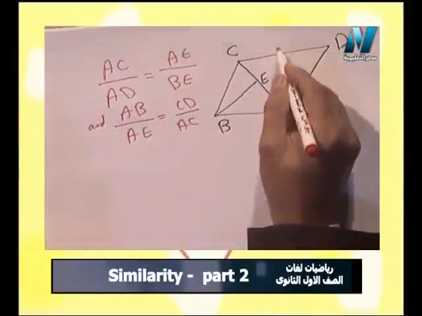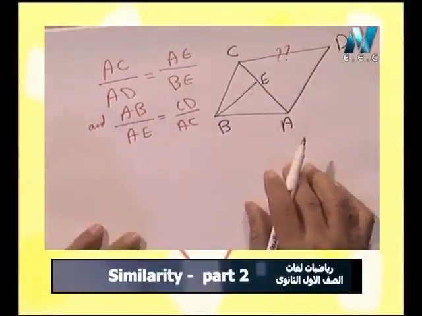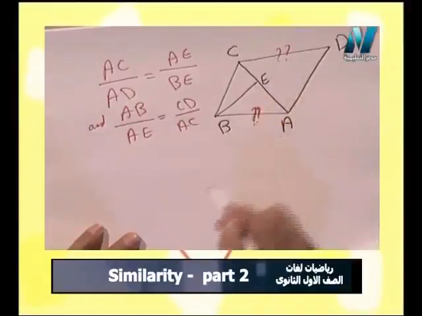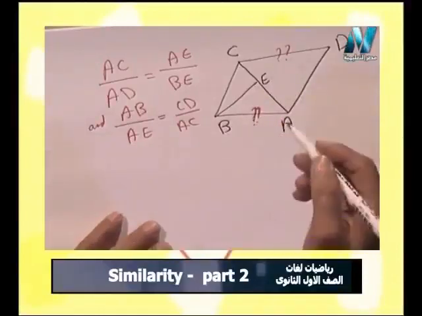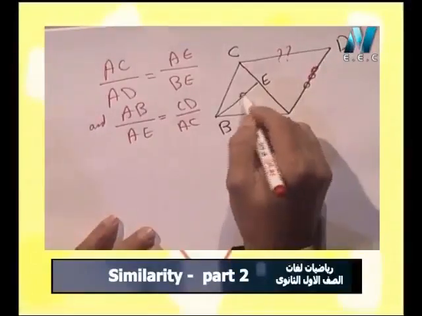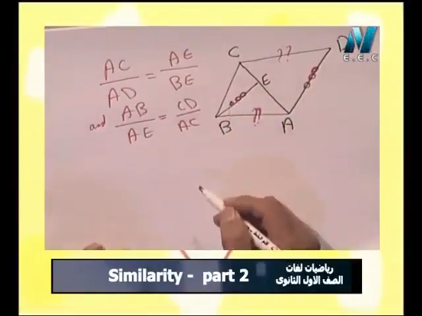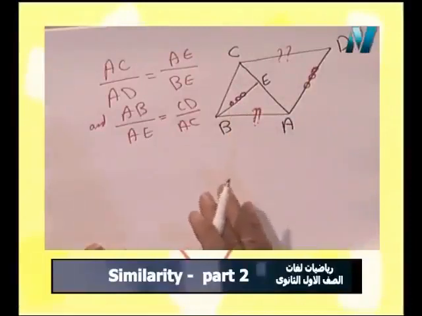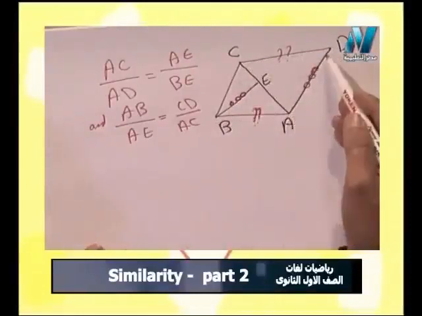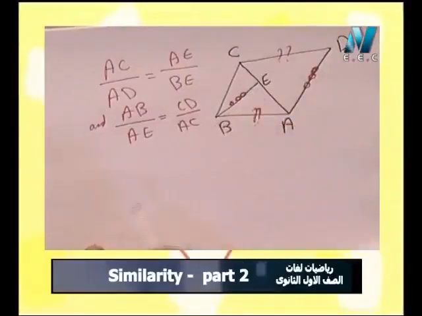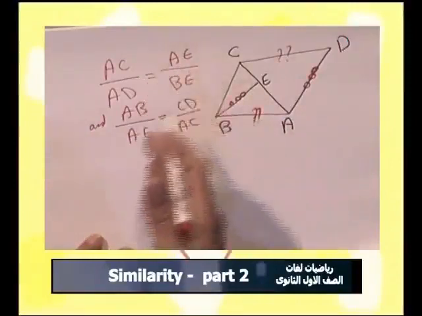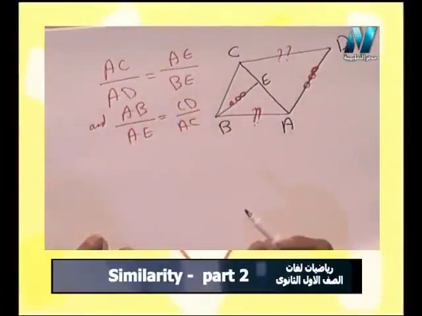Okay, so we have two ratios only, and the request is to prove that CD is parallel to BA and DA is parallel to EB. We try to prove that this side is parallel to this side and this one parallel to this one. How? I have only two pairs of equal ratios here. Try to think.